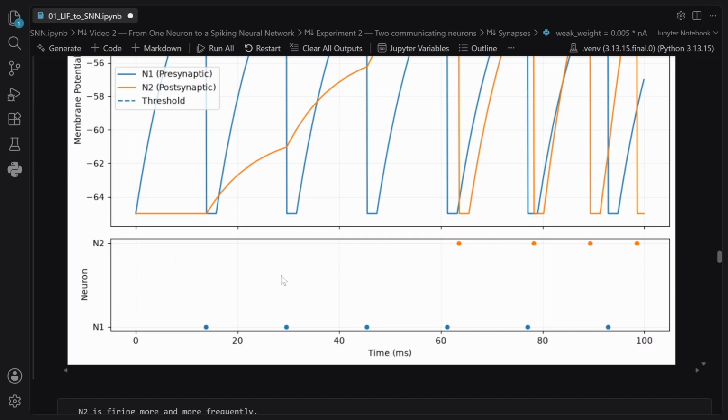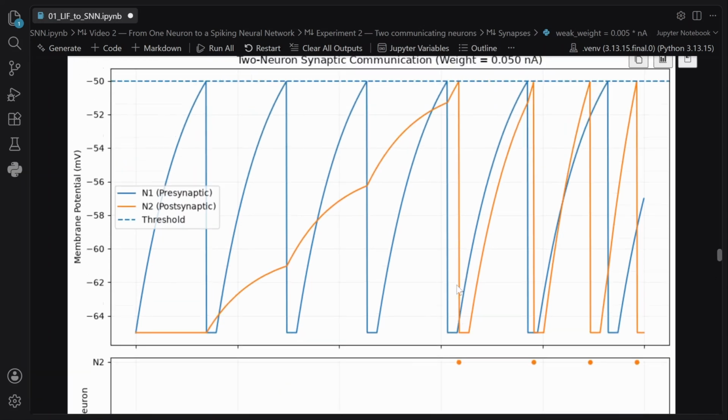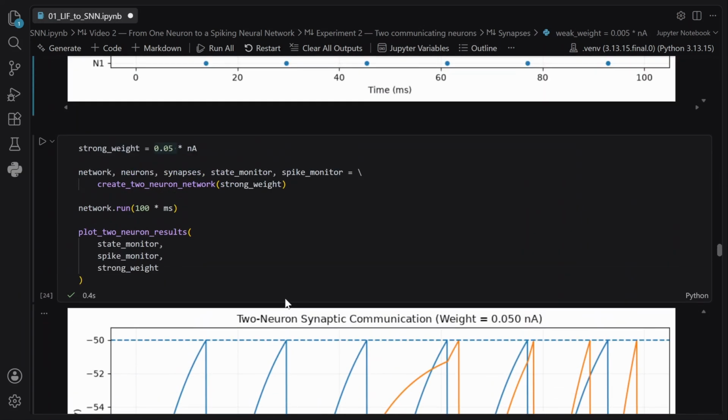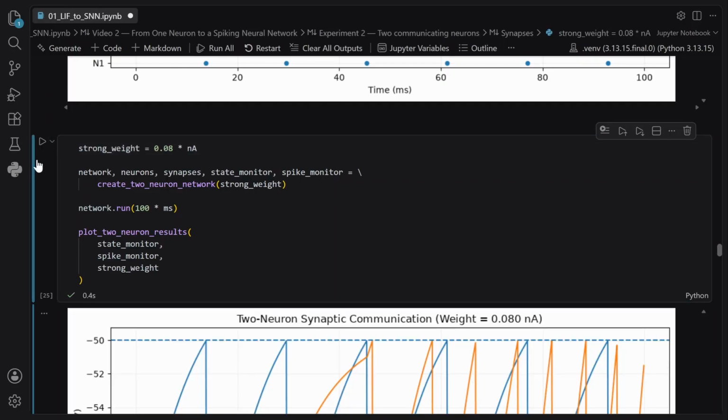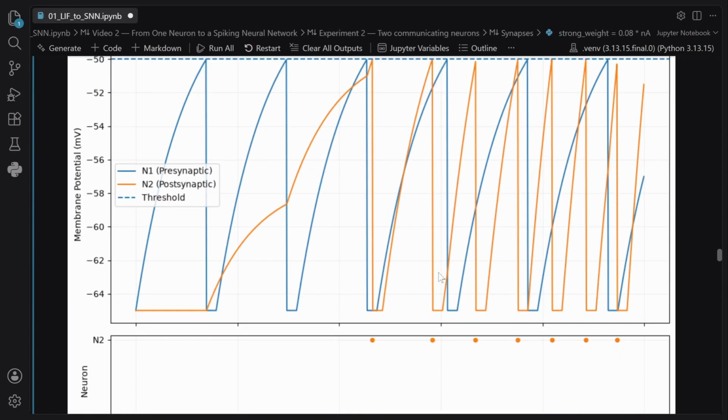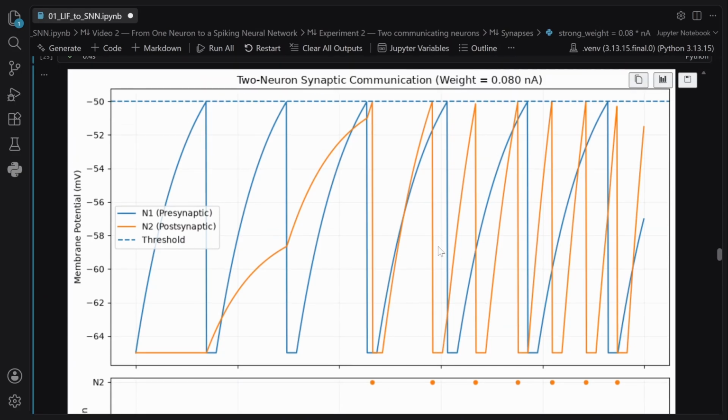It took more than 60 milliseconds for the first spike, but the next spike happened in much shorter time, and it seems to be reducing. I don't know if I can simulate this better. Let's see if I can. Strong rate, so let's increase that number to say 8. I don't know if it works or not. Let's see. You can see the frequency seems to be increasing.